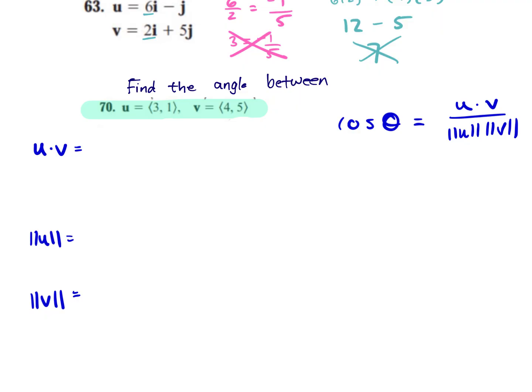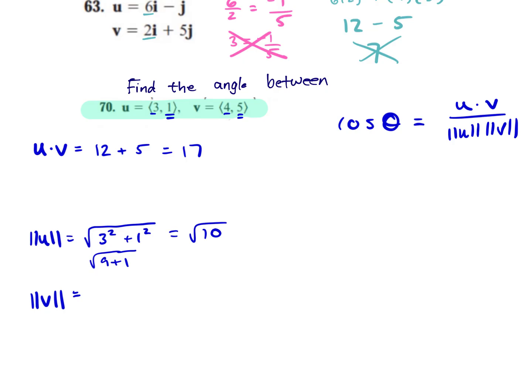So our dot product is the first times the first, which would be 12, plus the second times the second. So 12 plus 5 would be 17. Then the magnitude of u is the square root of the first number squared plus the second number squared. So 3 squared plus 1 squared. This would be the square root of 9 plus 1, which would be the square root of 10.